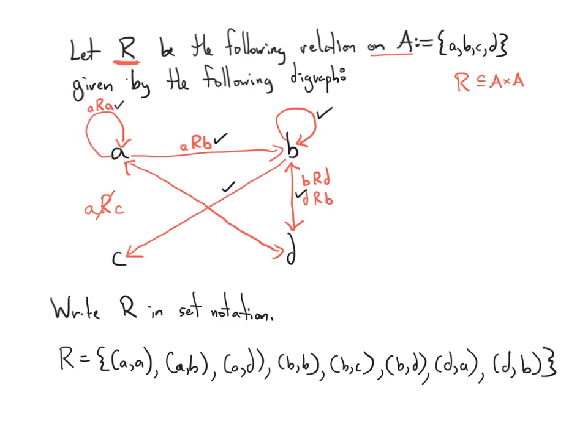Symmetric means that if one element is related to another, the reverse relation also holds. So this is kind of a sub-example of the idea of being symmetric. This is a sub-example of the idea of being reflexive. And the other one that we care about is something called transitive.